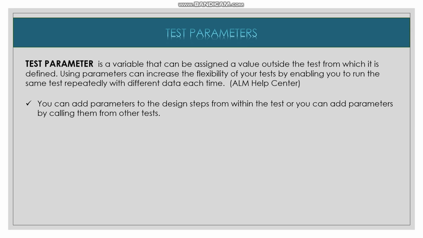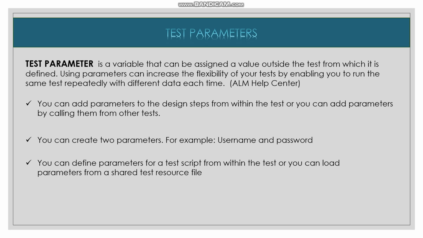You can add parameters to the design steps from within the test, or you can add parameters by calling them from other tests. You can create two parameters, for example, the username and the password. You can define parameters for a test script from within the test, or you can load parameters from a shared test resource file.